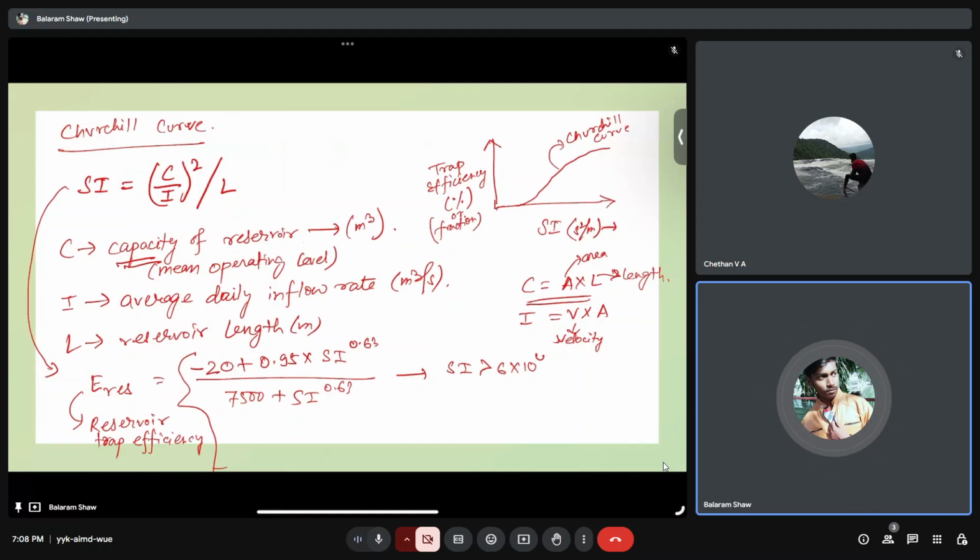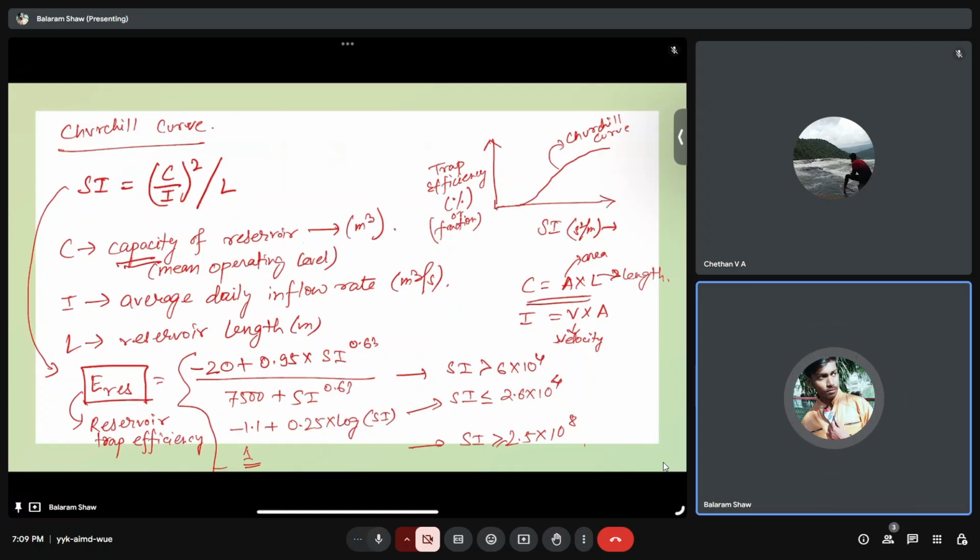If SI is less than or equal to 2.6 into 10 to the power 4, then you use E = −1.1 + 0.25 log SI. And if SI is greater than 2.5 into 10 to the power 8, a very large value, you consider the trap efficiency as 1, because the sedimentation index value is much higher. Like this you can calculate the reservoir trap efficiency using the Churchill curve.